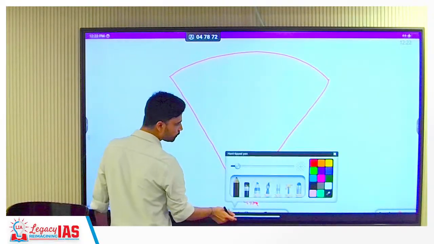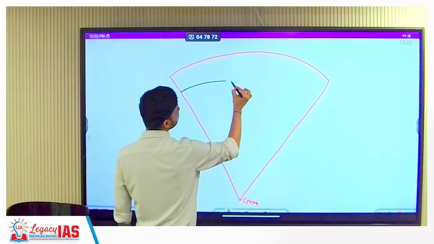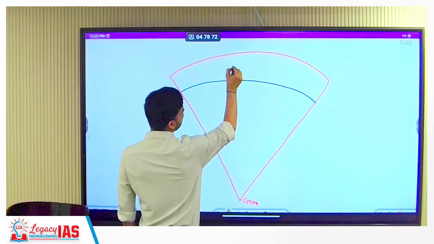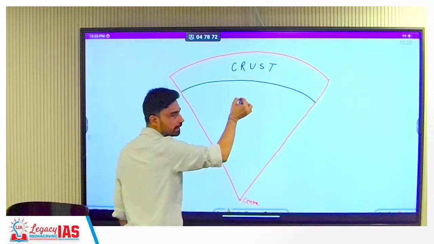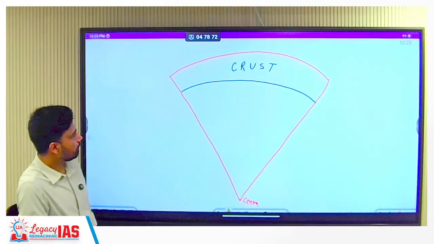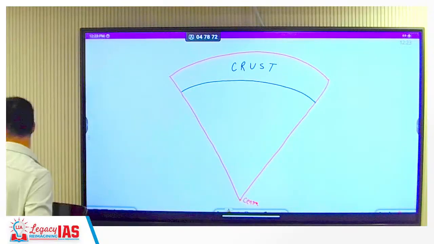Now the names of the layers have also changed. So the uppermost layer, which was referred to as Sial, now what term do we use? We refer to it as crust. So the uppermost layer of Earth, based on the recent model, is referred to as the crust of the Earth.